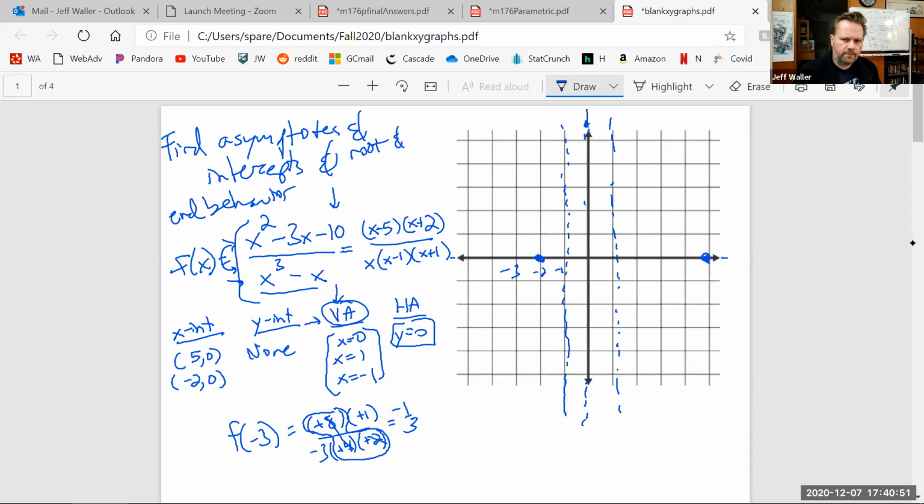Now, what's a really important input that I have zero idea about? Would you try to figure out whatever is between the asymptotes?